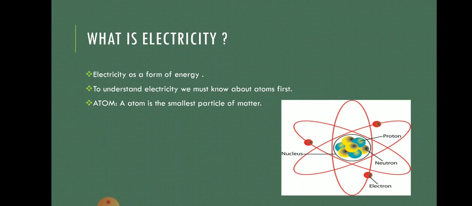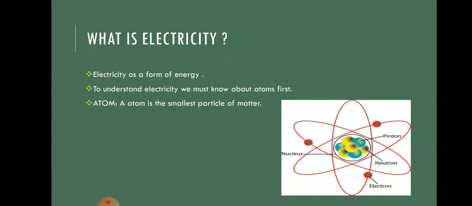Just as we human beings have cells as the basic structure, non-living things have atoms as their basic structure. So in this topic we'll talk more about the atom, and we will talk about the particles that are present in an atom.